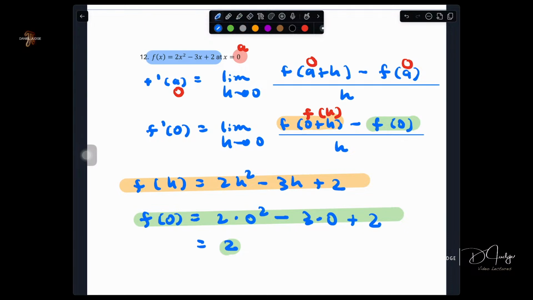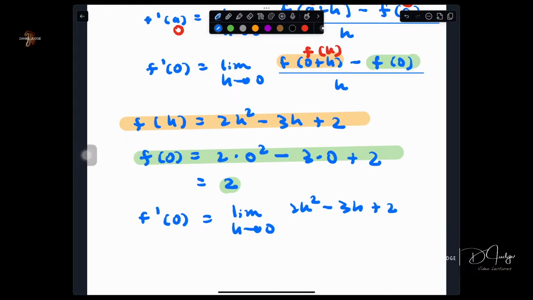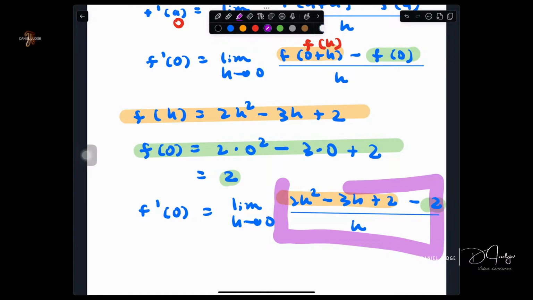So f prime of 0 will be the limit now as h goes to 0. The orange part is 2h squared minus 3h plus 2, and then this would be a minus 2, everything over h. So to emphasize orange, and then what? Green. You need, again, the algebra.